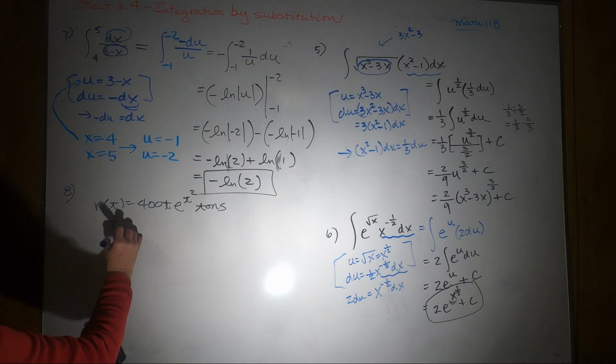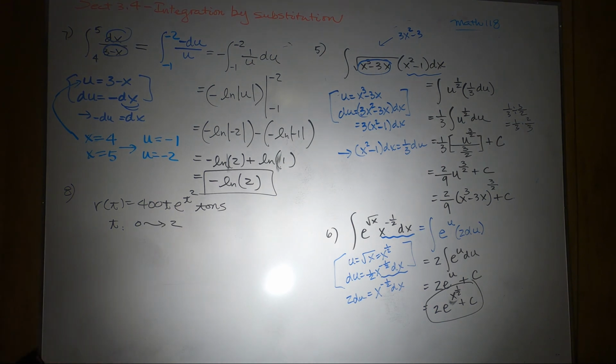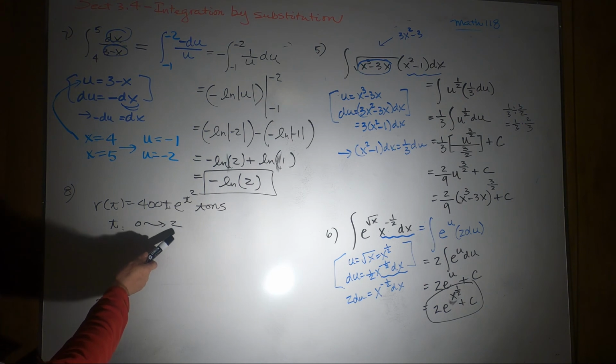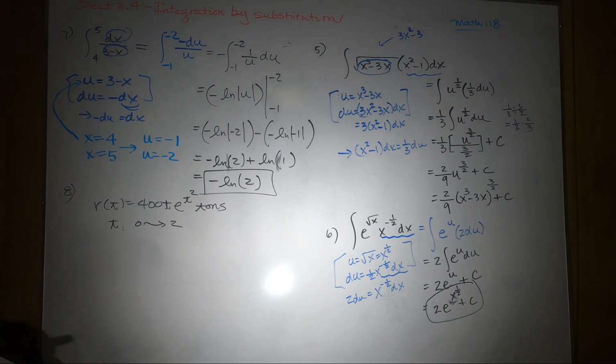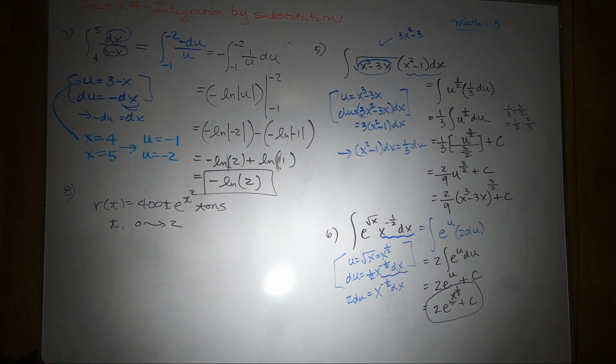So the t is what? For us, it's from 0 to 2, right? Then that's the rate. Then the total is what? The antiderivative of the rate, right? The derivative of the function would be the rate of change. The antiderivative of the rate of change would be the pollution total.